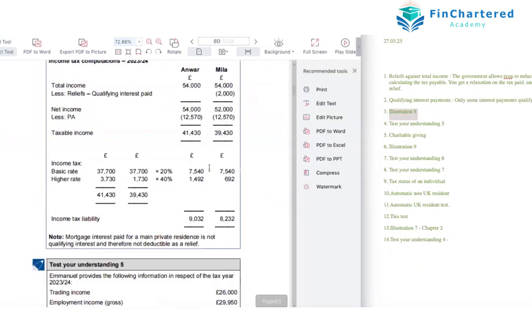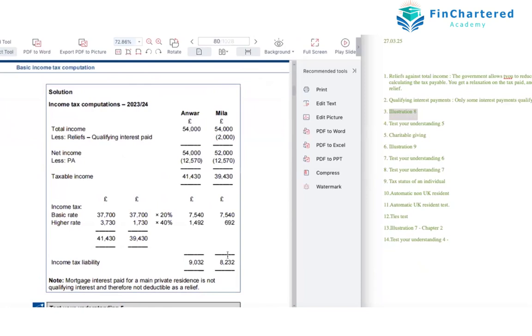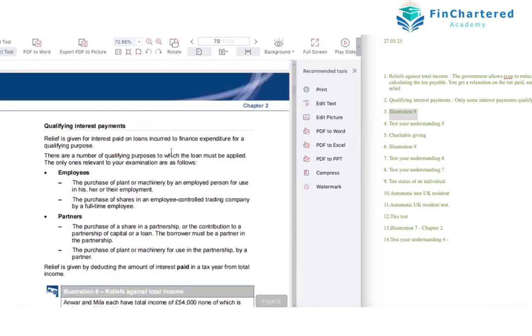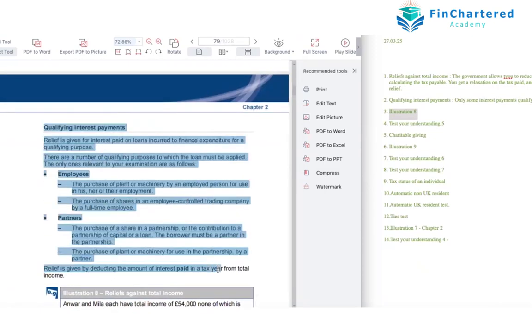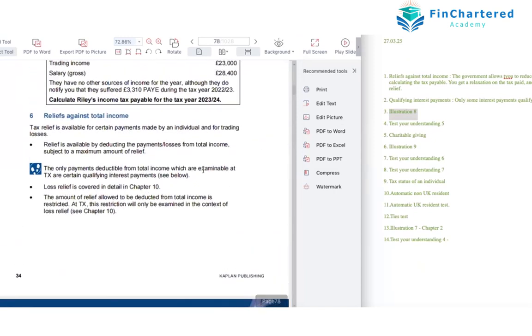You see this? Even though their income is the same, even though their interest payable is the same, their tax liabilities are different because Mila got a relief. Why did Mila get a relief? Because Mila had a qualifying interest payment, and qualifying interest payment will give you some kind of a relief.